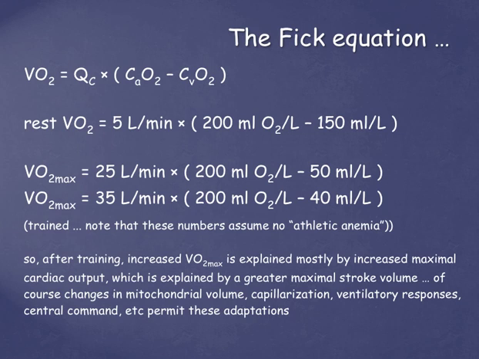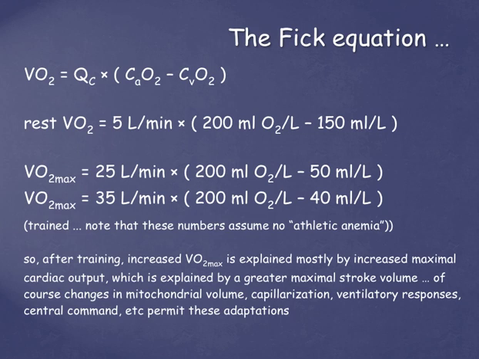And you may want to go back to the cardiovascular lecture and make sure you remember the factors, stroke volume and heart rate, that determine the cardiac output that we see here in the Fick equation. At rest, we pump 5 liters of blood.